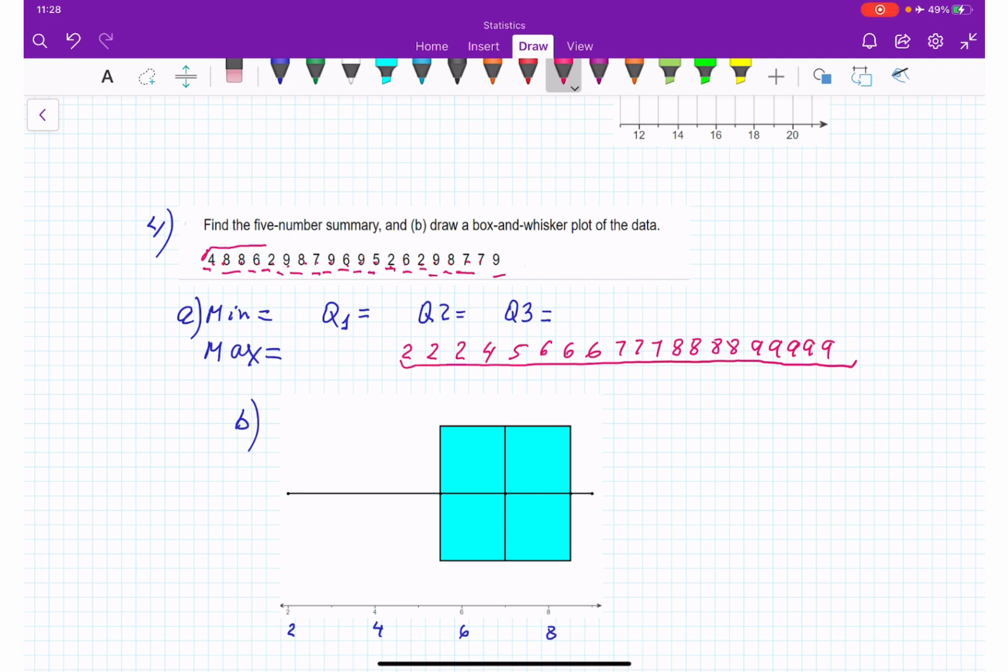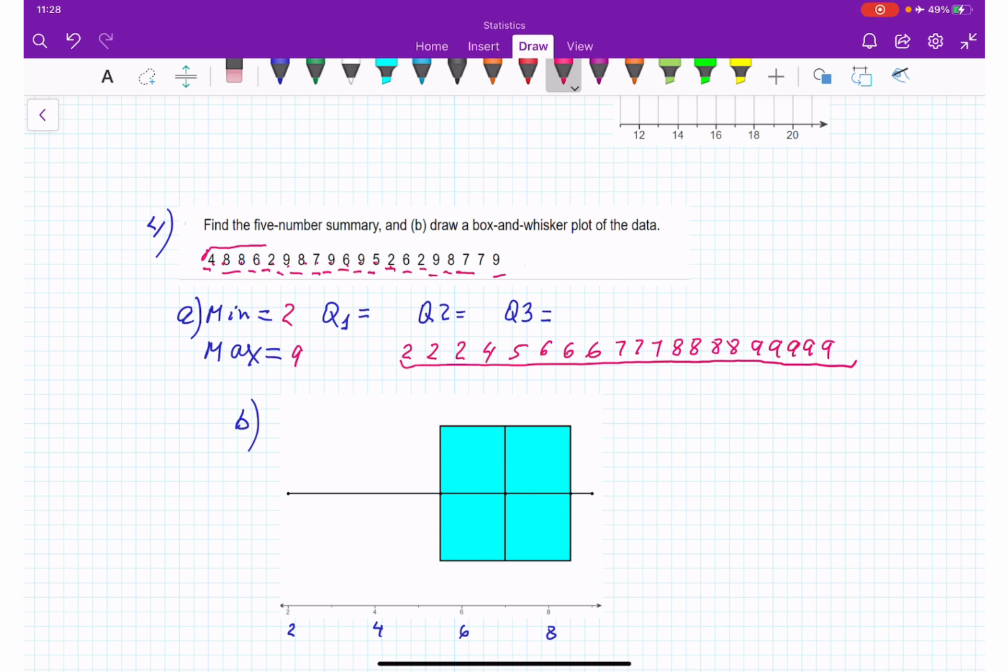Now, I'm going to find the minimum, which is clear. It's going to be 2. Maximum, it's also clear. It's going to be 9.